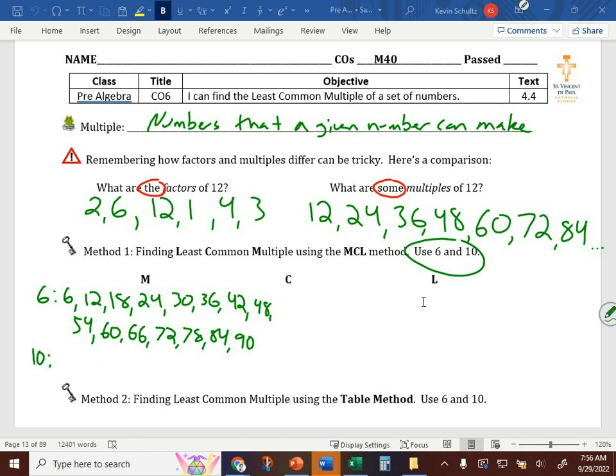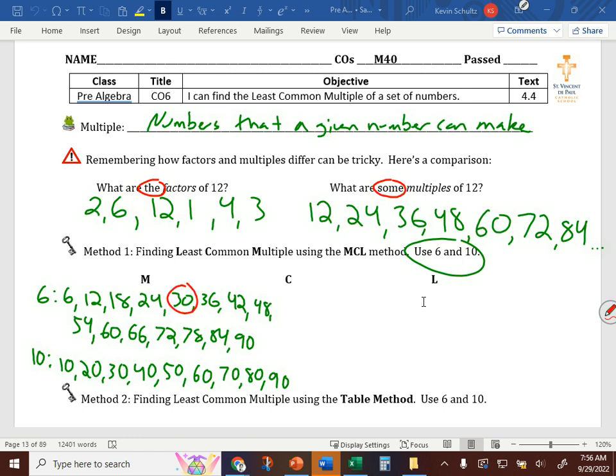Multiples of 10, I'll get you started: 10, 20, 30, 40, 50, 60, 70, 80. How do I know when to stop? Well, if we're looking for least, meaning smallest, common, meaning they both have it, multiple, what I'm looking for in my lists are numbers that show up in each of them, just like with the greatest common factor.